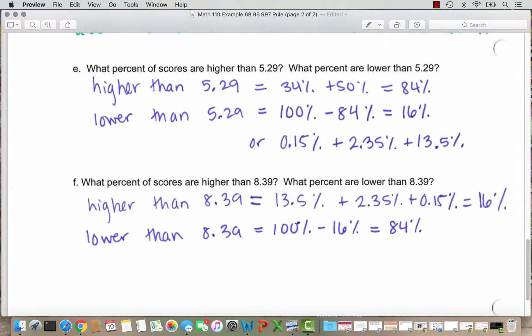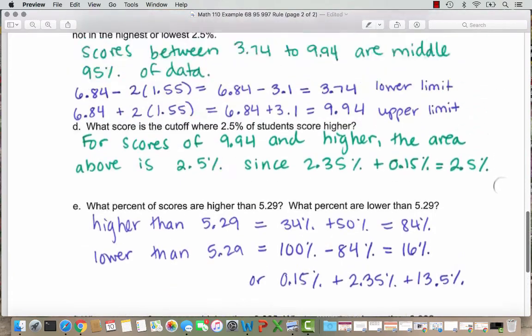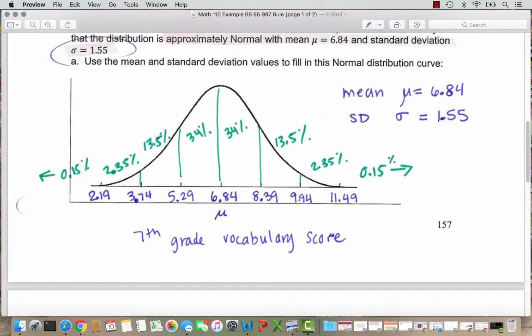I'm not surprised to see that because there's some symmetry. If we look back at the distribution, we know the area below 5.29 on the left side of the graph is 16%, and that's 1 standard deviation below the mean. So by symmetry, we expect the area higher than 8.39, 1 standard deviation above the mean, to be the same area, 16%.